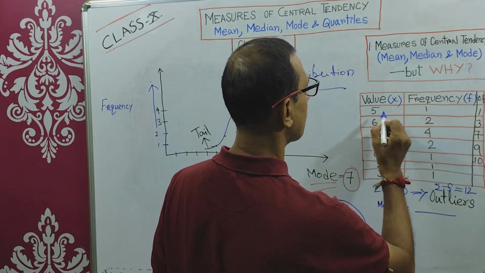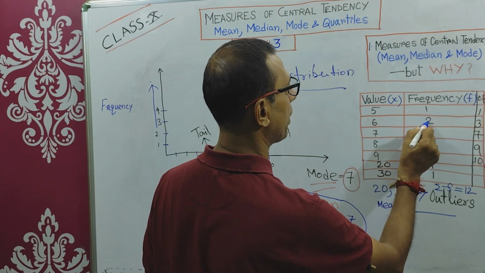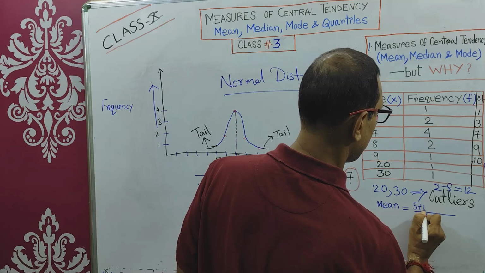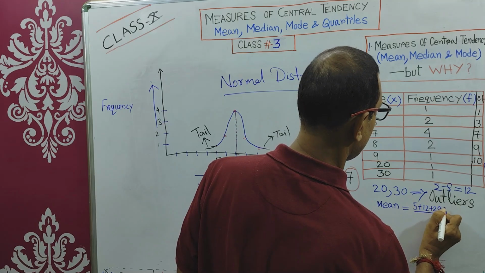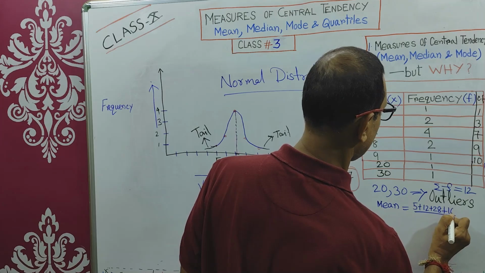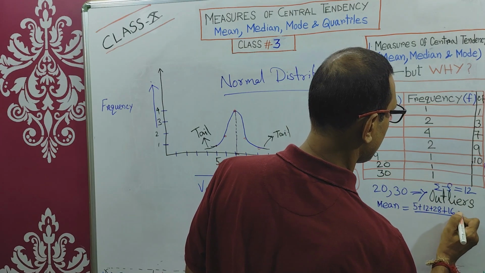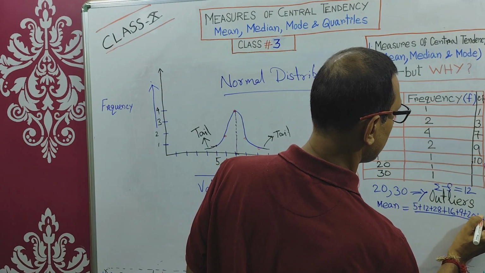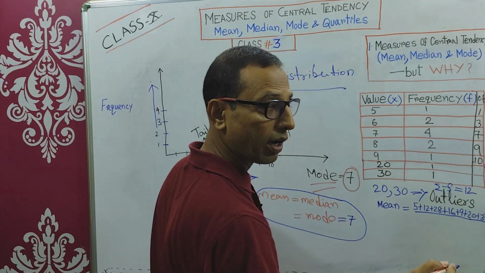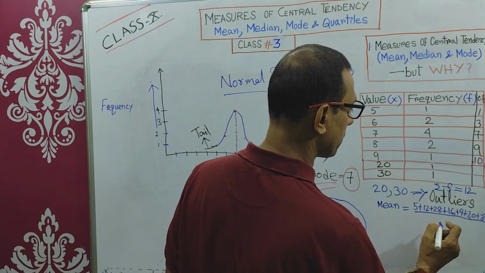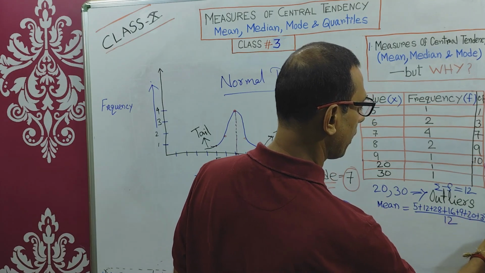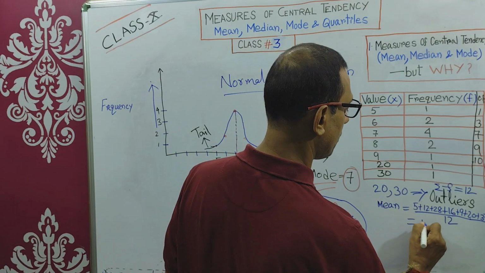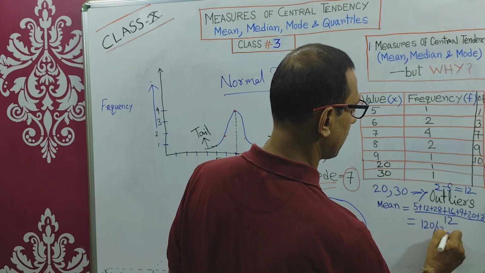Summation of fx means 5 into 1, 5, plus 6 into 2, 12, plus 28, plus 16, plus 9 into 1, 9, plus 20 into 1, 20, and 30 into 1, 30. So earlier the total was 70, now it will be 120, since I added 20 plus 30. There are 12 total observations. So the mean will be 120 by 12, which equals 10.